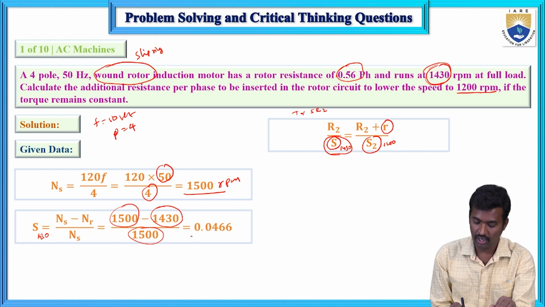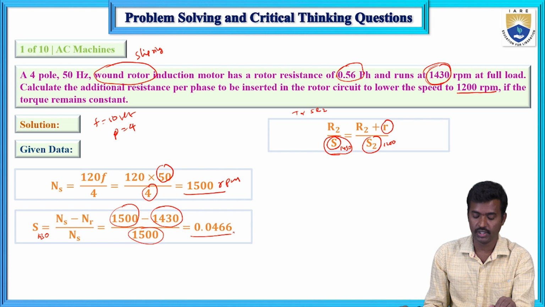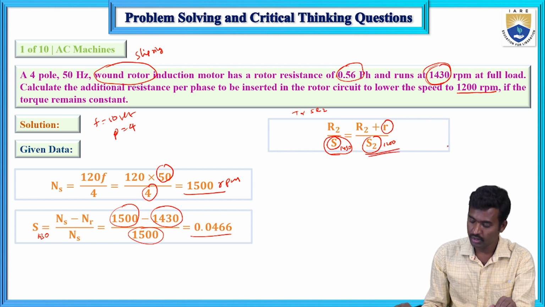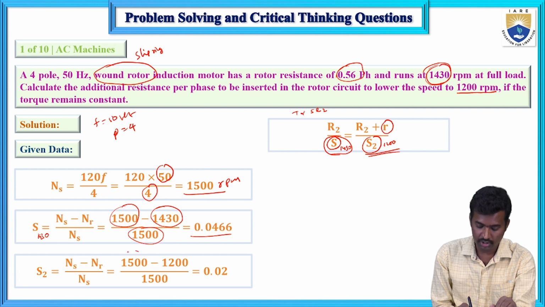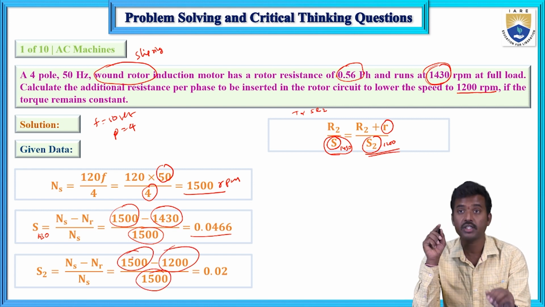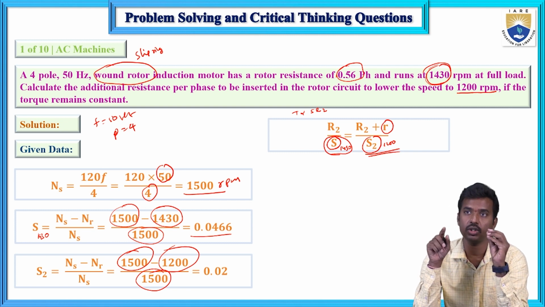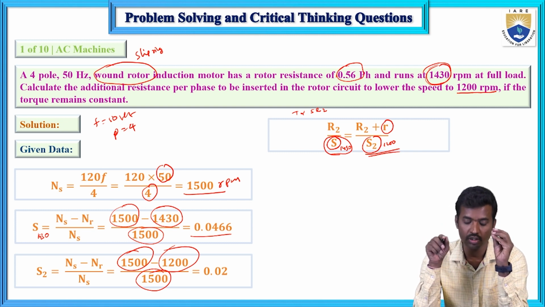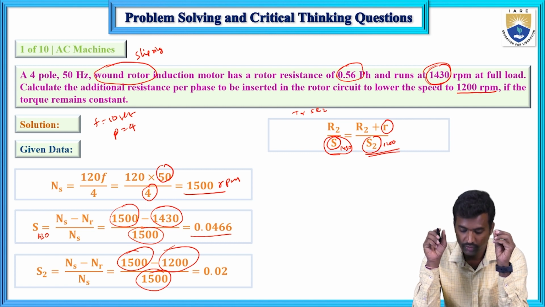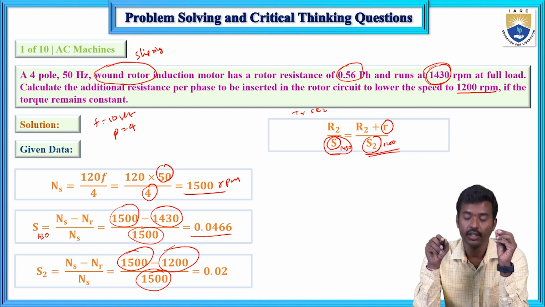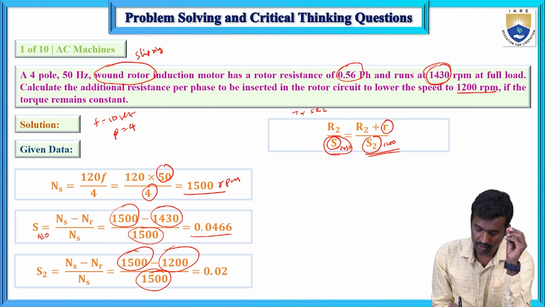The slip at 1430 rpm is 0.0466. Next, the slip at 1200 rpm. The synchronous speed of 1500 is fixed, and if you insert some resistance in series with the rotor circuit of the slip ring, wound rotor induction motor, the slip value is 0.2.